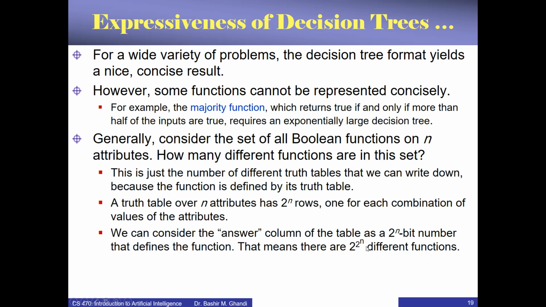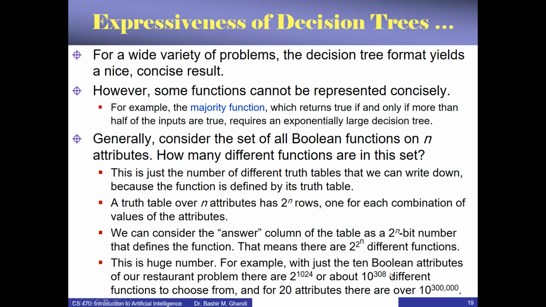So this is actually a very huge number. For example, with just the 10 Boolean attributes that our restaurant problem has, the number of rows is going to be 2 to the power 10, and the number of possible answers, or functions, is going to be 2 to the power 2 to the power 10.